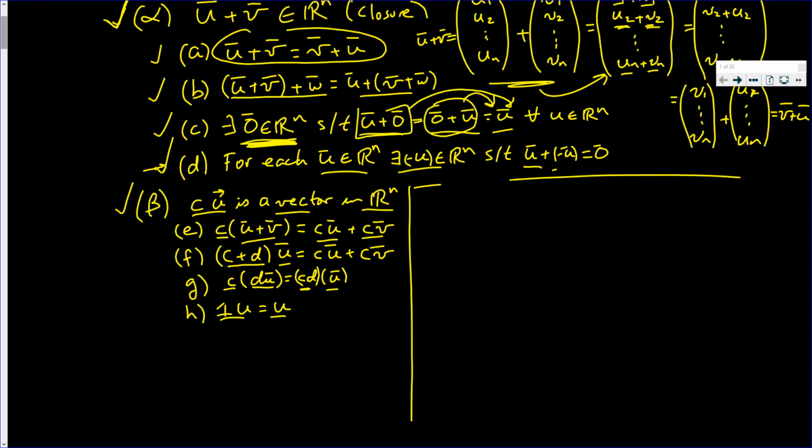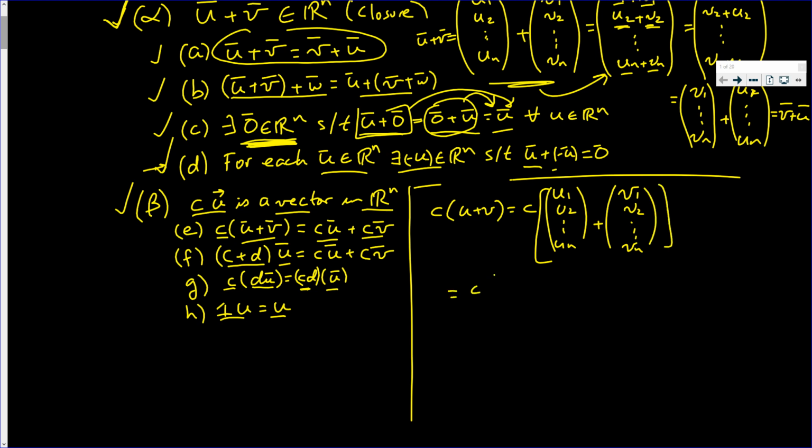Okay, now letter E. c times u plus v. Well, it's c times u, which is u1, u2, up to un, plus v, which is v1, v2, up to vn. This is c times u1 plus v1, u2 plus v2, all the way down to un plus vn.